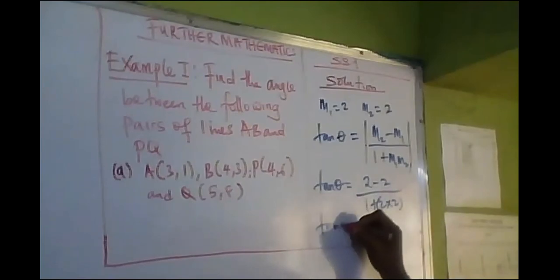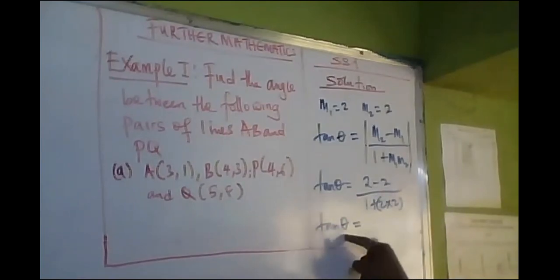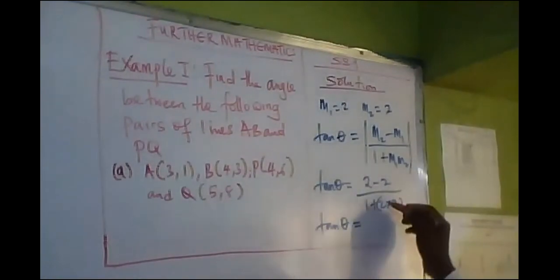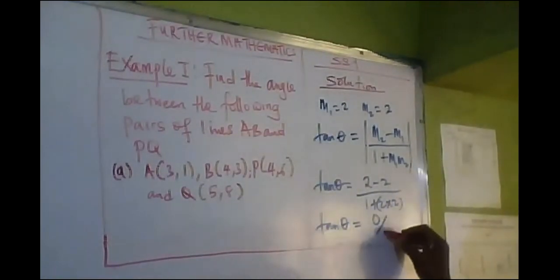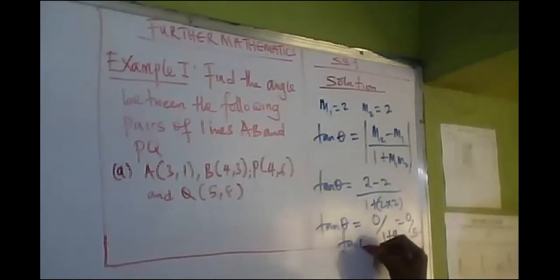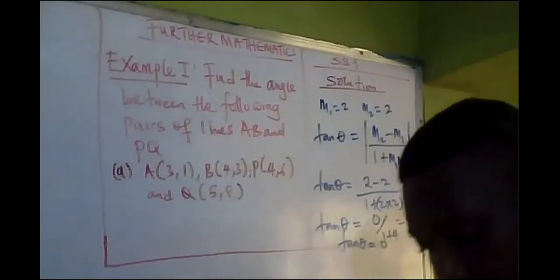Whatever the textbook you're using wants, you just follow suit. This gives 0 over 1 plus 4, which is 0 over 5. So tan alpha, tan theta, is equal to 0.